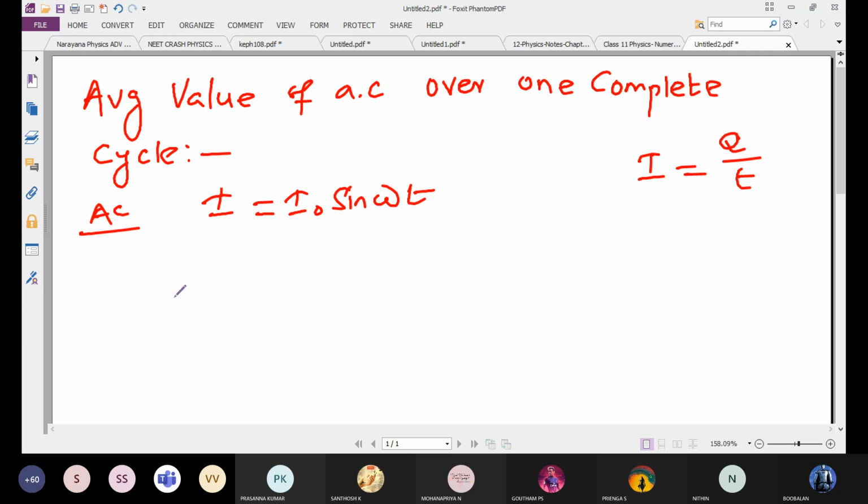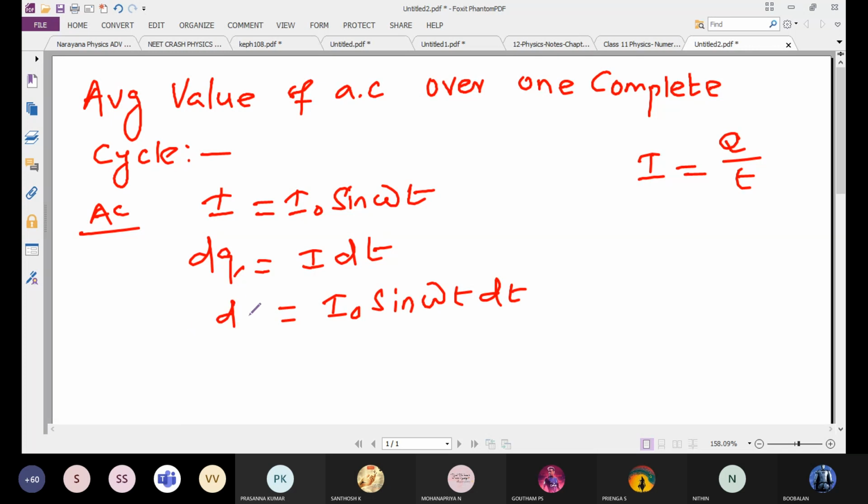Same formula for the variation, you will get dq equal to I dt. The value of I is I naught sin omega t, so I naught sin omega t into dt. So this is for dq.